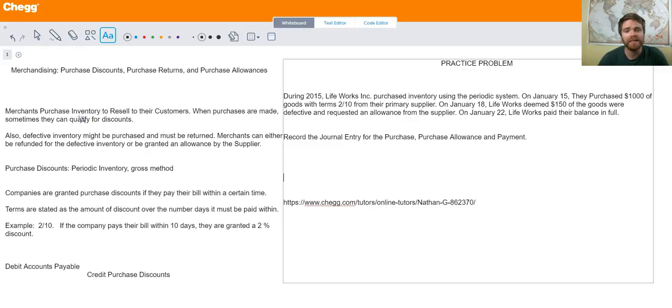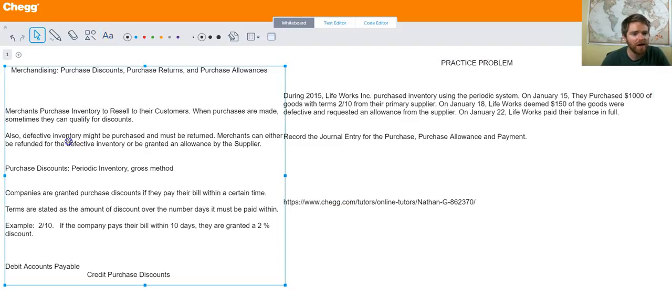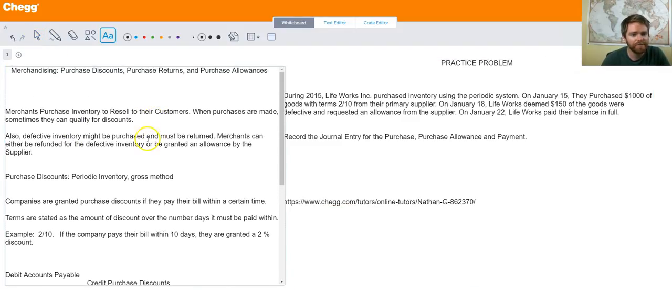Now, an allowance is basically like a credit from the supplier. If the merchant decides to return a good, the supplier might give them a credit to their account they can use for future purchases. So on the left side here, I went ahead and talked about how this works.